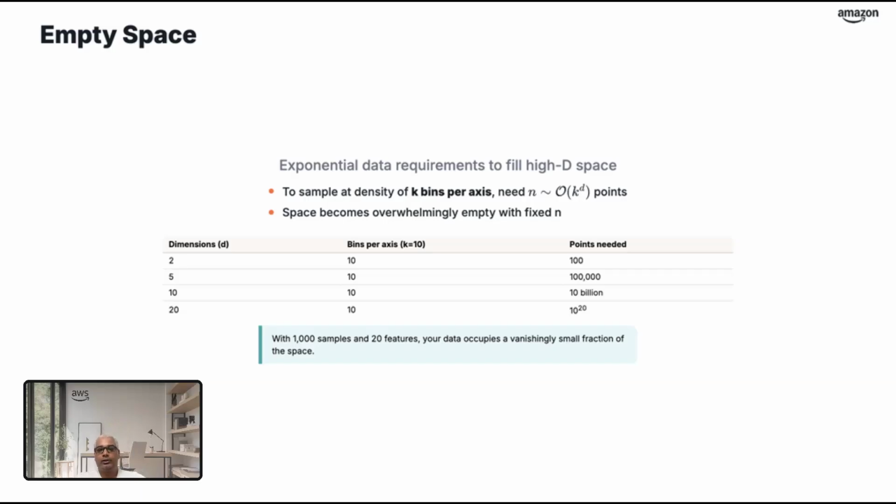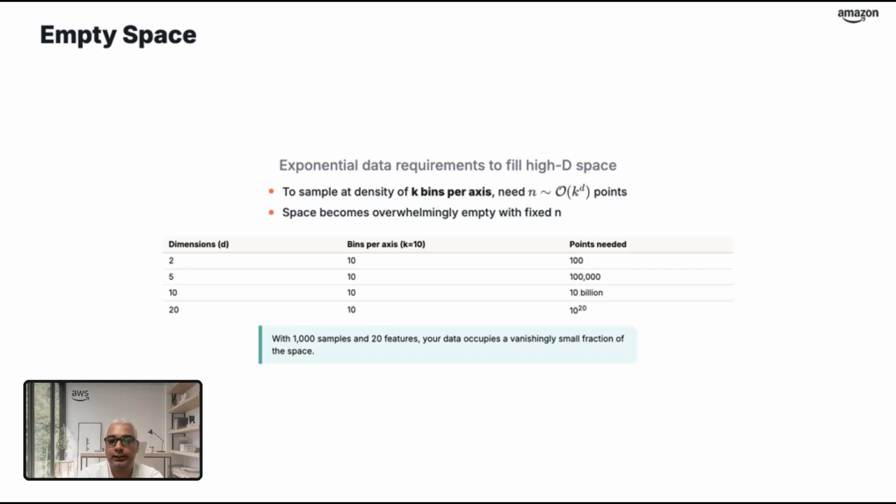We can take a look at the table in the slide: with just 10 bins per axis, to have 1 point on average in each of the small hypercubes formed by these grids, we would need exponentially more points as the dimension increases.